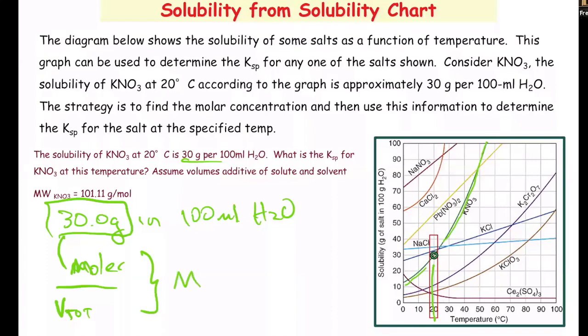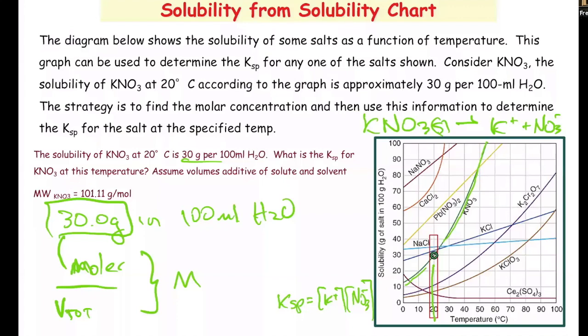And then you can see that the reaction is going to be KNO3, solid, goes to potassium plus nitrate. And so the KSP for this is going to be the concentration of potassium times the concentration of nitrate. That's how we would calculate the solubility product of potassium nitrate.